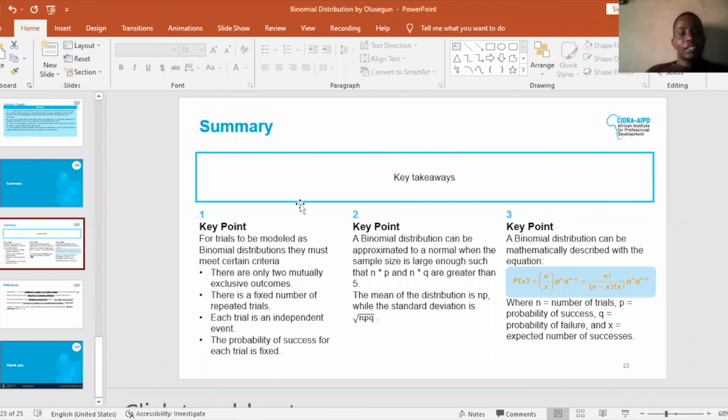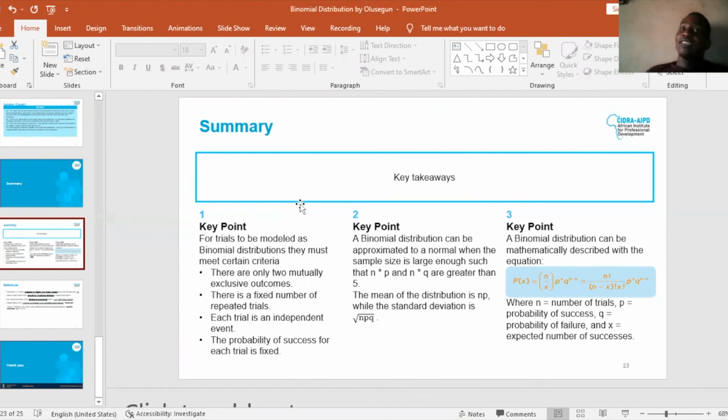We have 3 key takeaways from this module. The first key point says, for trials to be modeled as a binomial distribution, they must meet certain criteria. First, there are only 2 mutually exclusive outcomes, success or failure. Second, there's a fixed number of repeated trials.